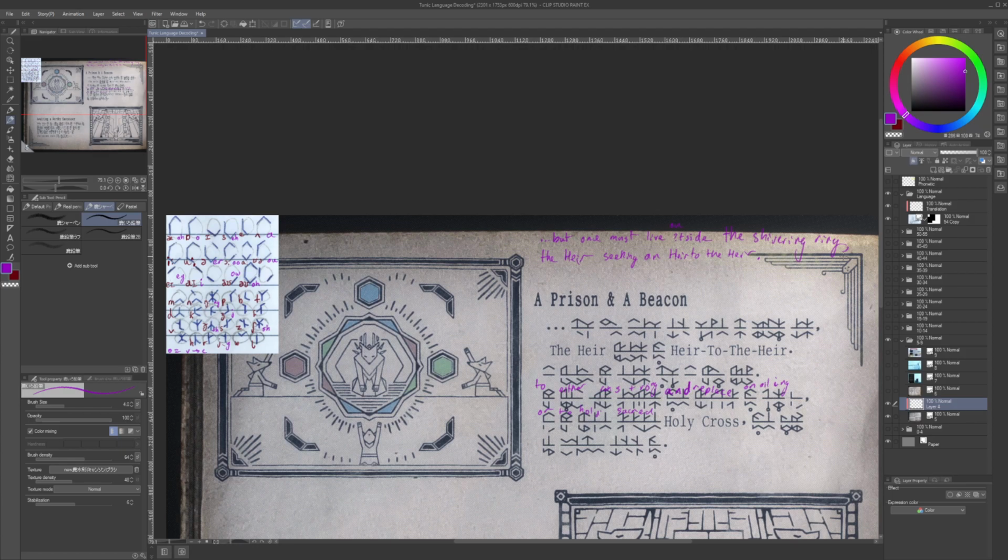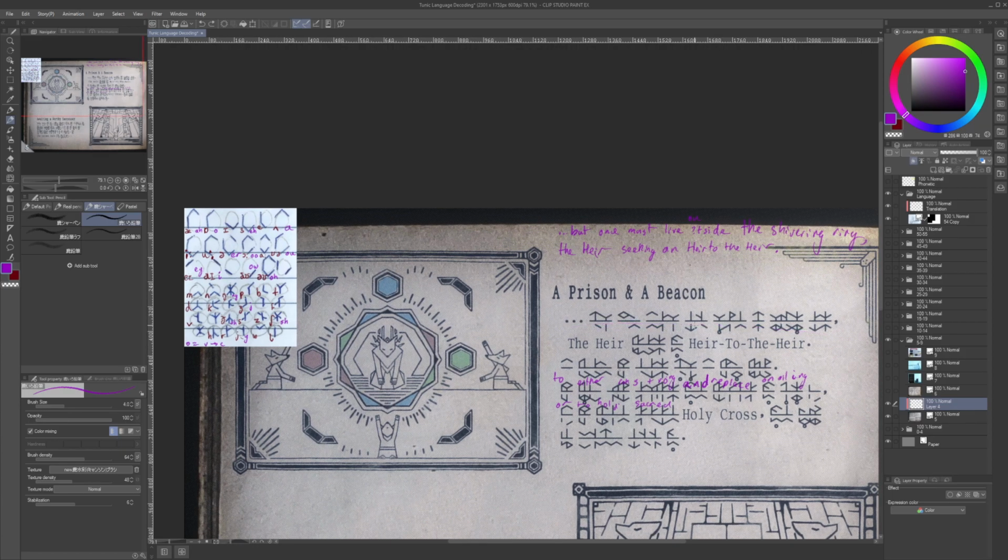The heir seeking an heir to the heir. Okay, that probably makes more sense, like following on from a previous sentence. But a beacon. A beacon. A beacon.